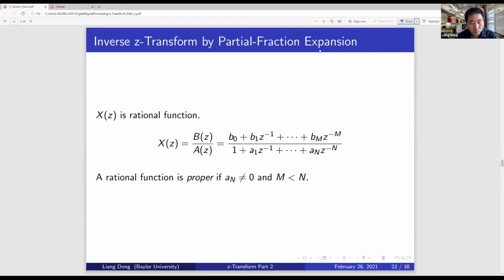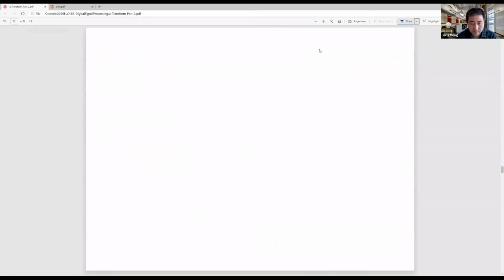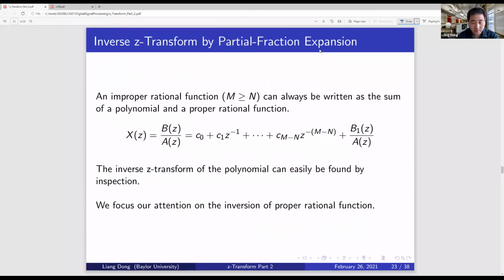We talked about the rational function, how to do a long division first, make sure we divide the proper part and improper part. So if the rational function is improper, we divide it into, this is the proper part. And then after long division, we can have this polynomial. You just divide by this polynomial.